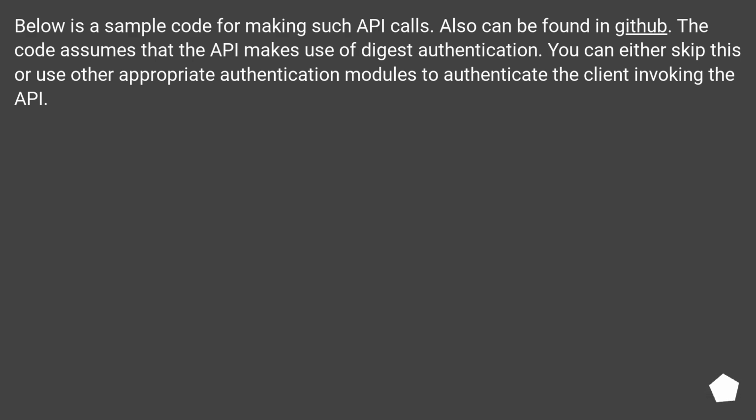Below is the sample code for making such API calls. Also can be found in GitHub. The code assumes that the API makes use of digest authentication. You can either skip this or use other appropriate authentication modules to authenticate the client invoking the API.